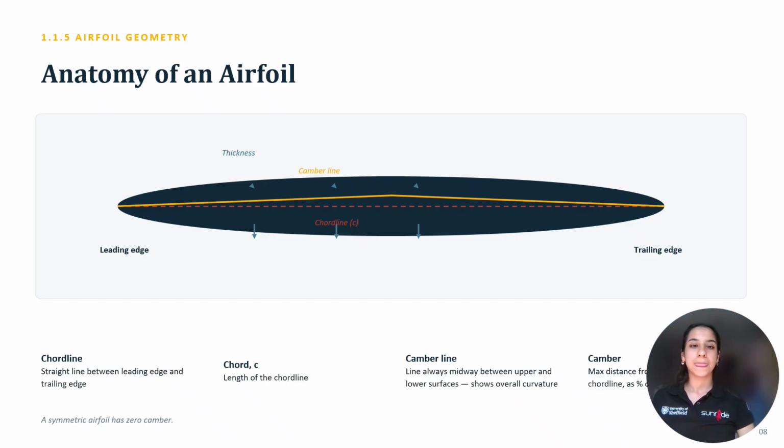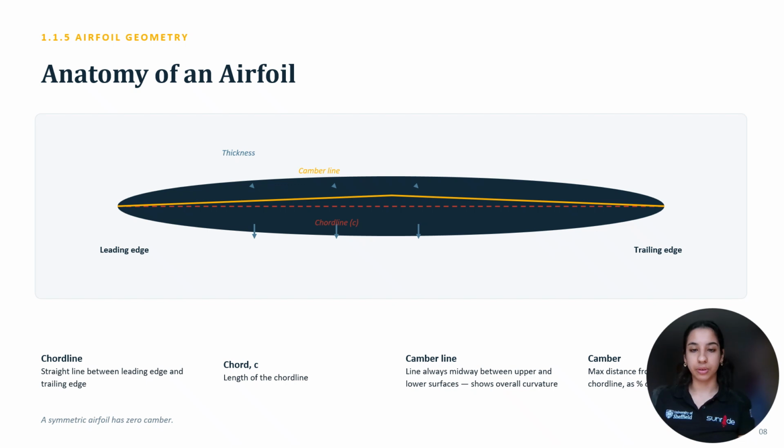So we have four important things to remember of the anatomy, and as you could see, I have labeled them for you. We have the chord line. That is a straight line between the leading edge and the trailing edge, from the pointy part here to the pointy part here. The chord is the length of the chord line. So if you have the chord line, what is the chord? It's just the measurement of it. Just keep it simple, don't think way too much about it.